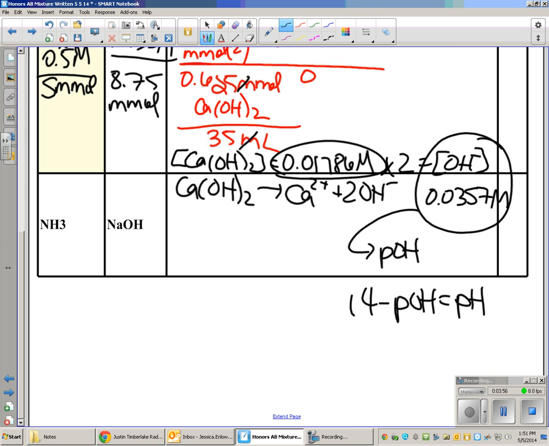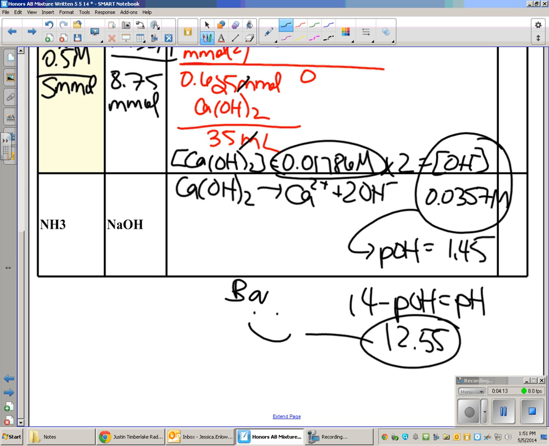So that is negative log of the OH concentration, which is 1.45, and then 14 minus that is 12.55. That makes sense because it's a base, so the pH lies in the basic region.